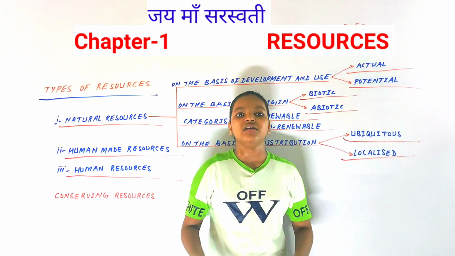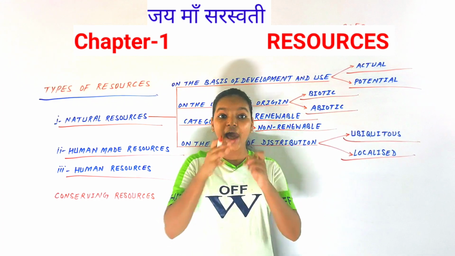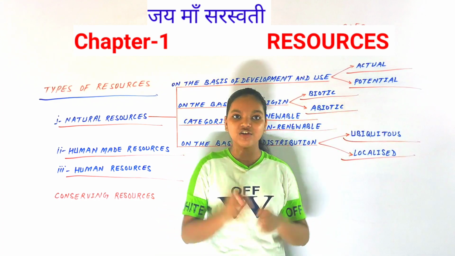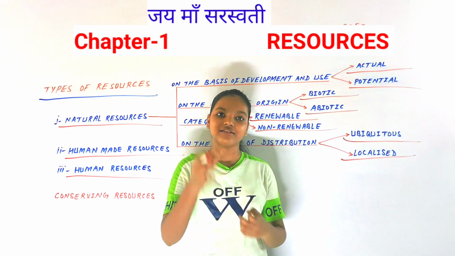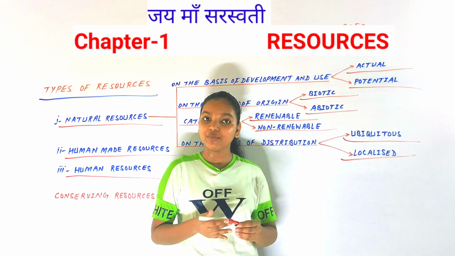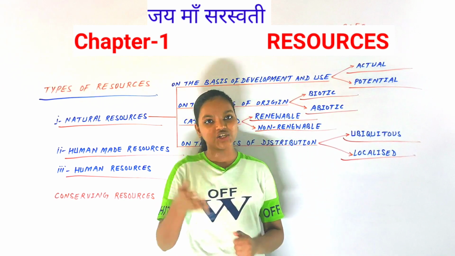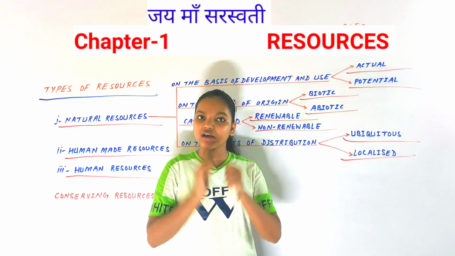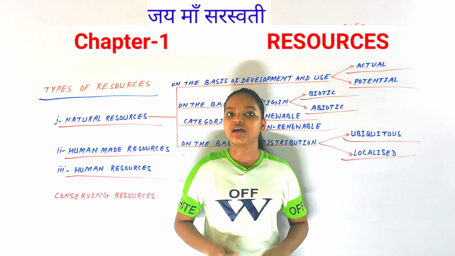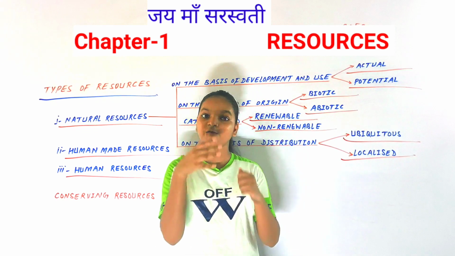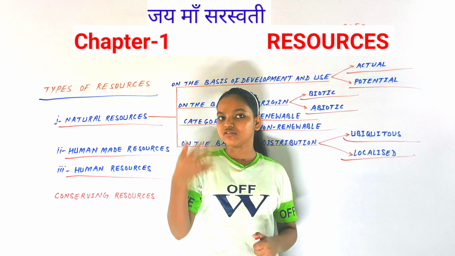And resources are very important; something that has a use is a resource, and humans have to recognize them as well. In the case of potential resources, because our present technology is not at a high enough level, we cannot recognize them.